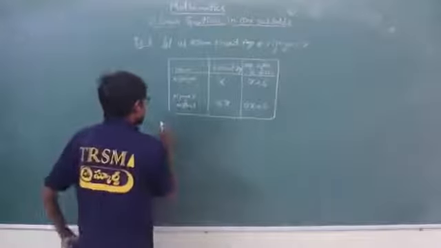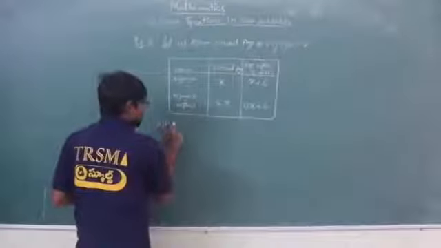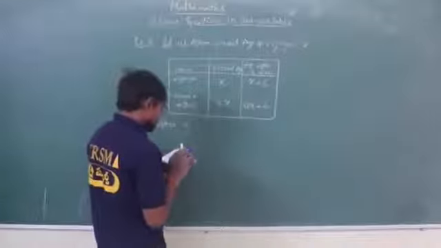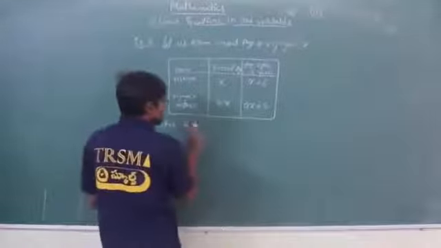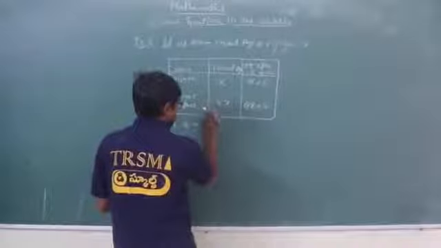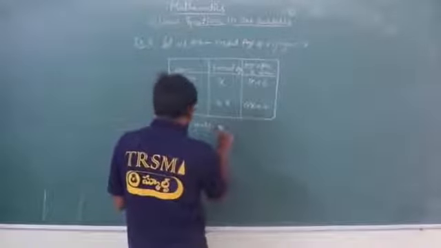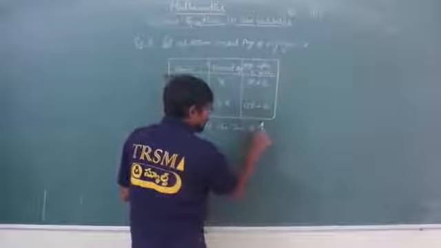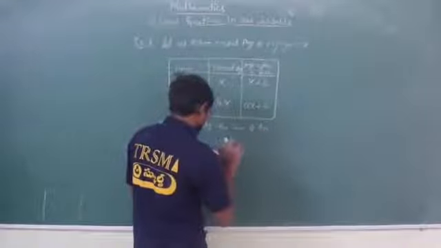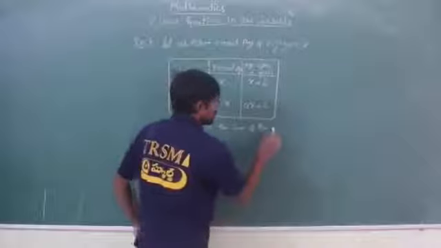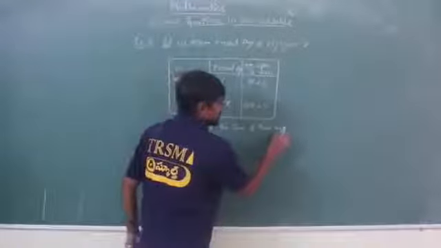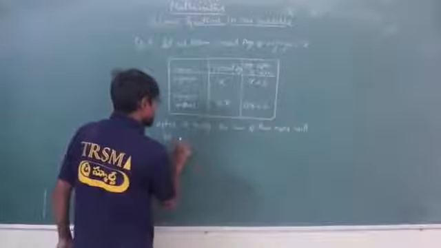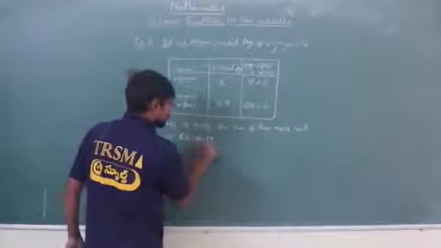So what he had mentioned, see here, he had given that after 6 years the sum of their ages will be 62 years.